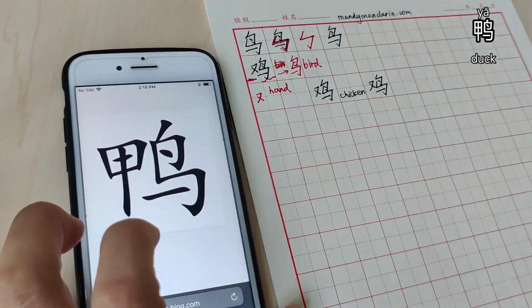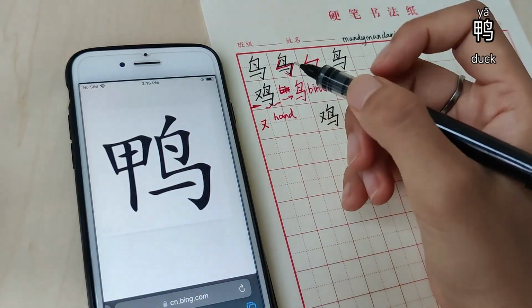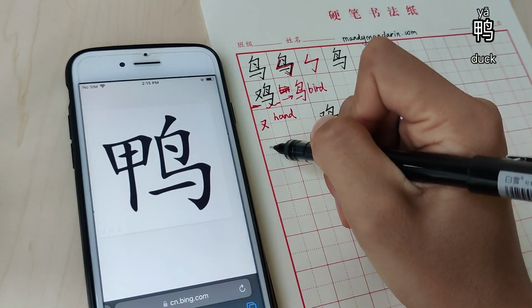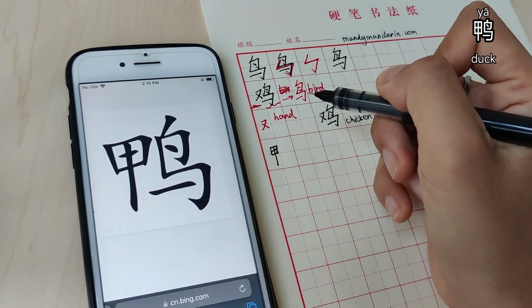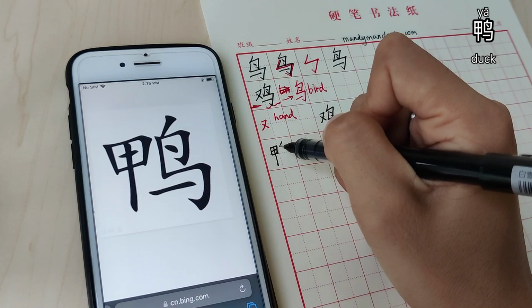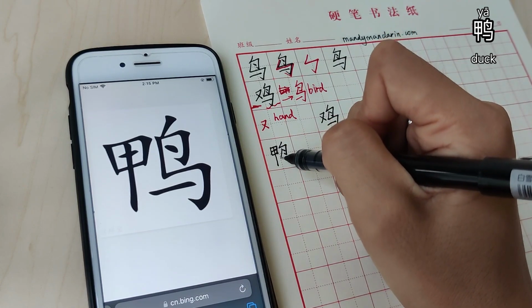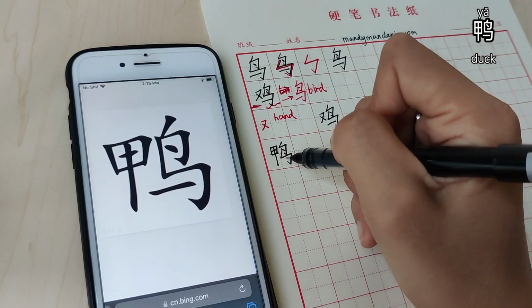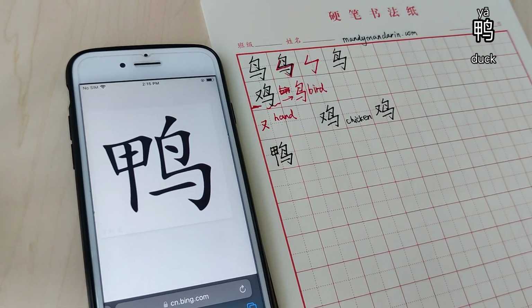So now let's try to write the ya. We go 1, 2, 3, 4, 5, 6, 7, 8, 9, 10. Very good.